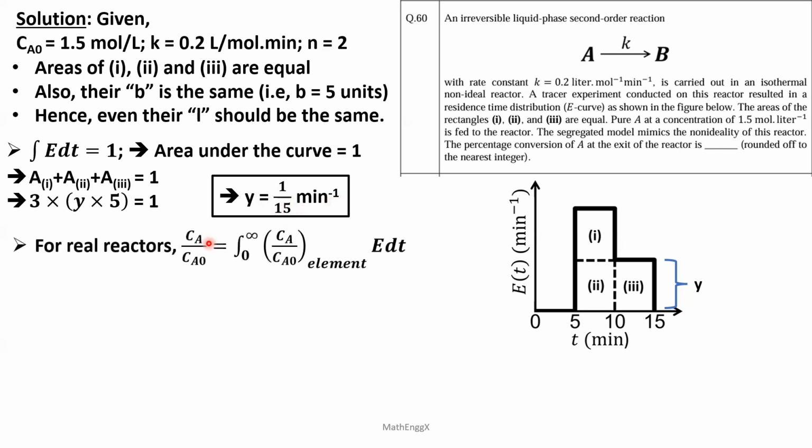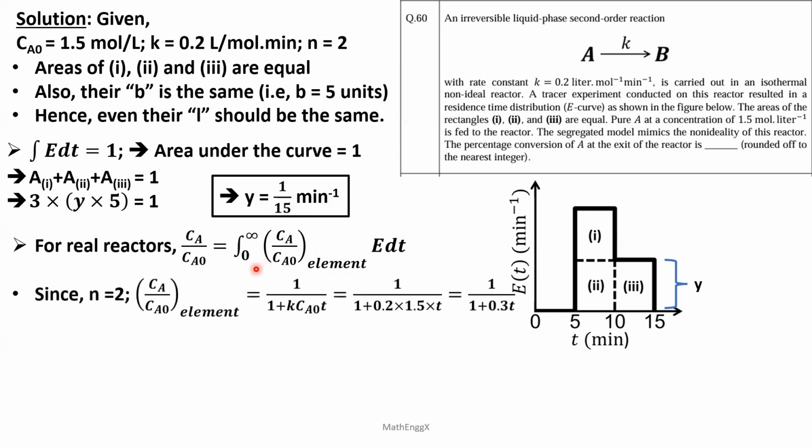Now we know that for real reactors, Ca by Ca0 is given as the integral from 0 to infinity of Ca by Ca0 of an element which is behaving like a batch fluid, into E dt. For a second order reaction, we can write Ca by Ca0 of the element as 1 by 1 plus K Ca0 into t.